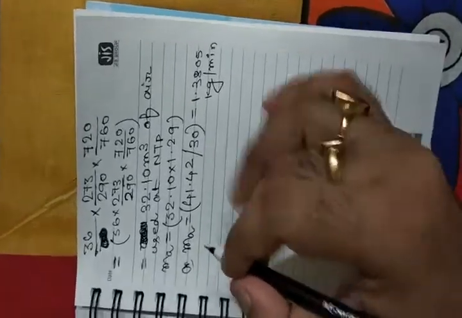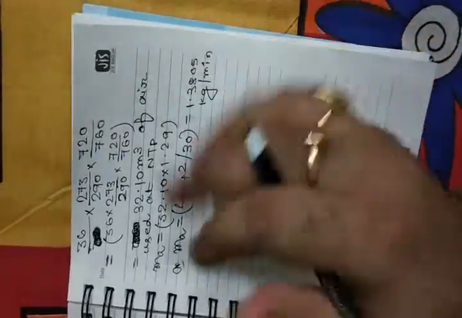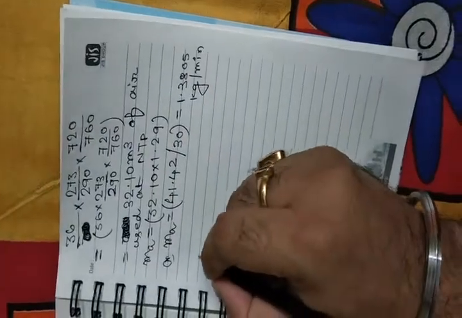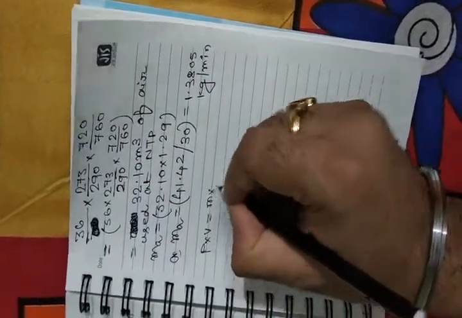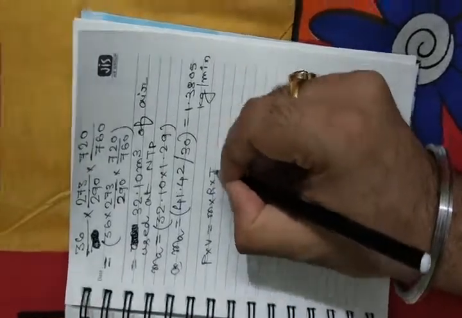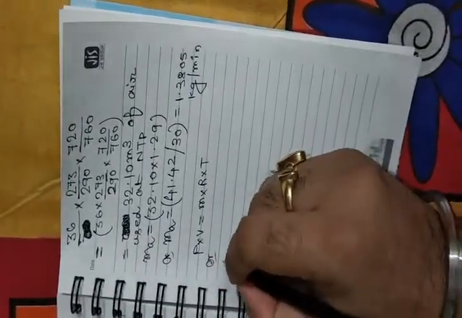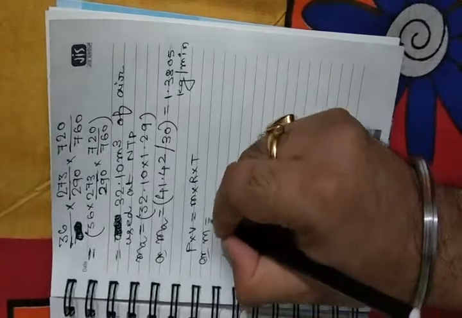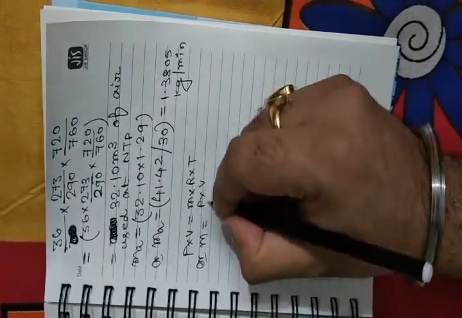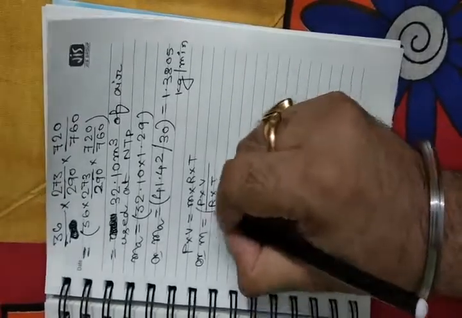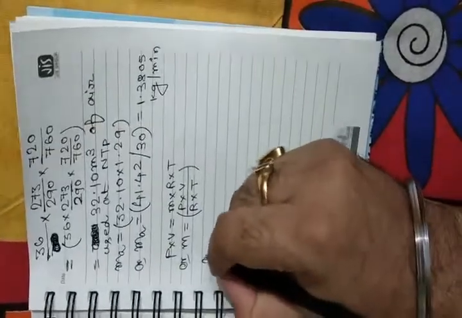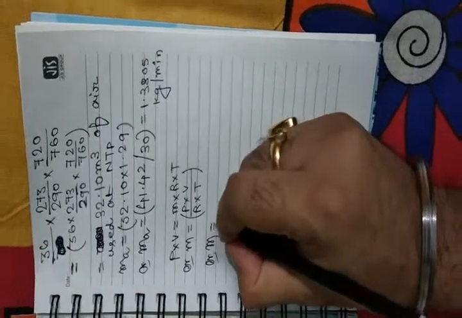So for the mf, formula is P into V equals to M into R into T. So from here M equals to P into V by R into T. So M equals to 10 to the power 5.